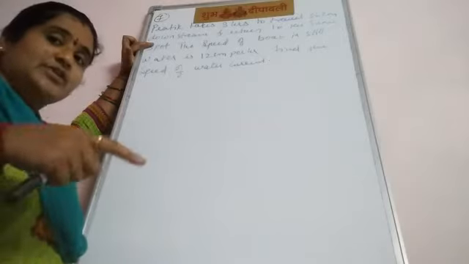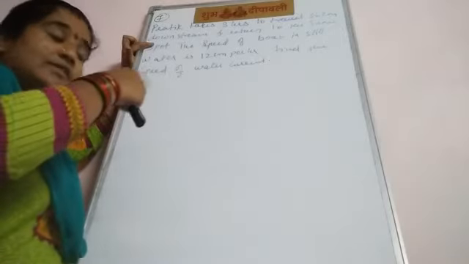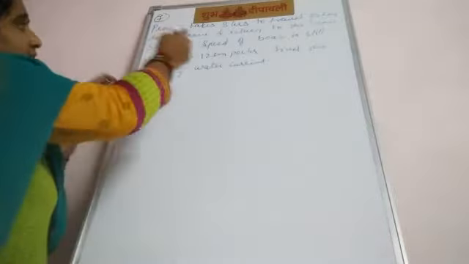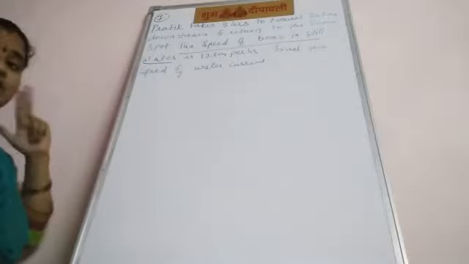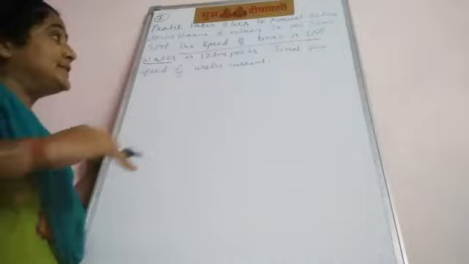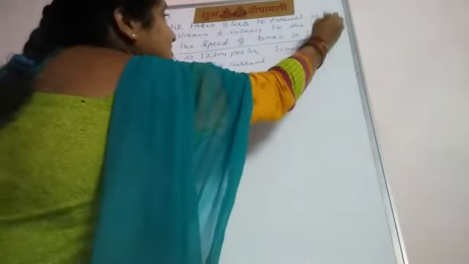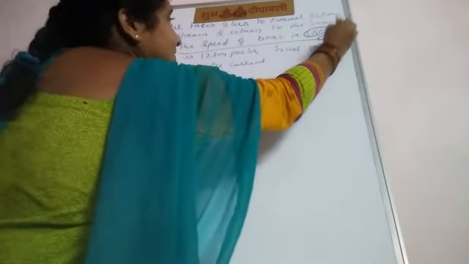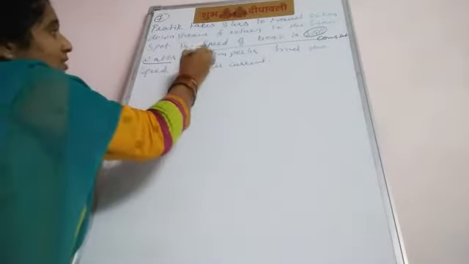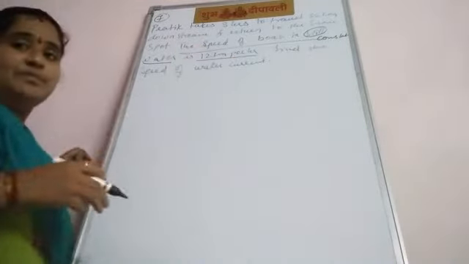Upstream and downstream together, how many hours? 8 hours. The speed of the boat in still water. What is the meaning of still water? Water is constant. Water level is constant. How many kilometers? 12 kilometers per hour.